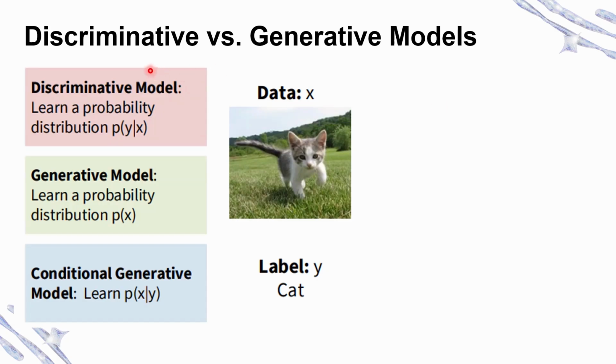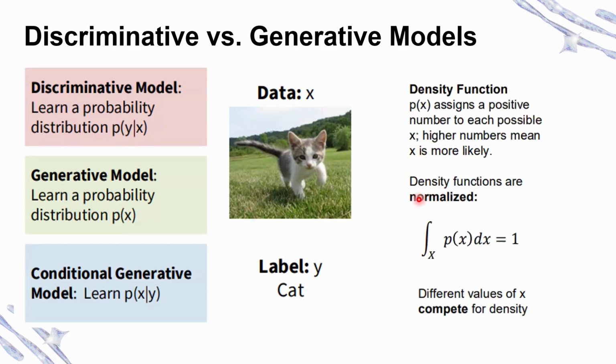In a discriminative model, typically we have some label Y and the data X, which here is an image, so it inherently has a really large, high dimensional structure. We try to learn a probability distribution of Y given X, conditioned on our input image X. One very important feature of a probability distribution is that it's normalized.